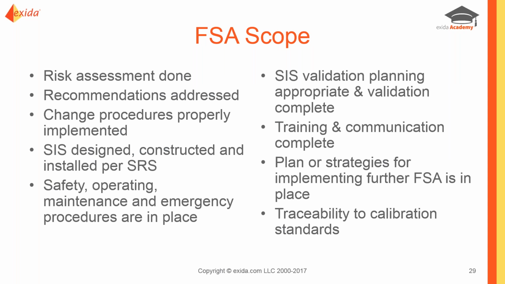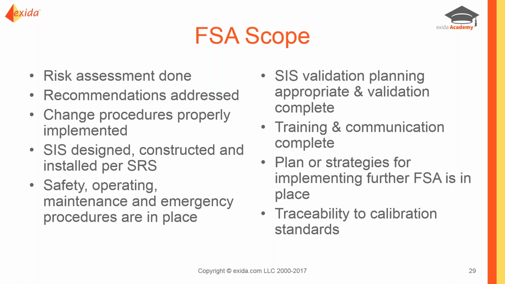The scope of the functional safety assessment starts with making sure that the risk assessment was completed, because the point of a functional safety system is to reduce risk. So we need to fully understand our risk in order to reduce it in the appropriate way. Make sure that all recommendations and actions are addressed throughout the process, that we've done an appropriate change procedure.